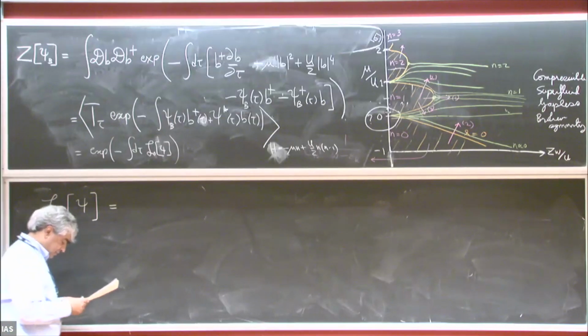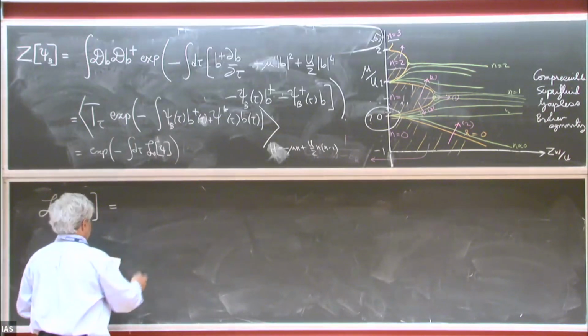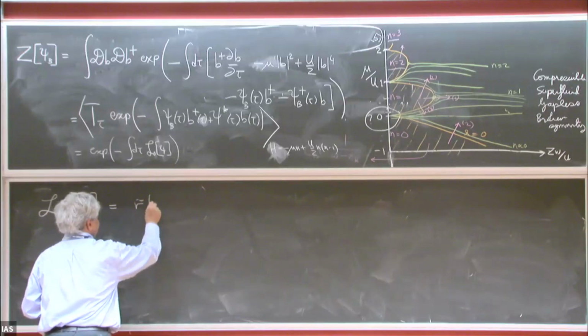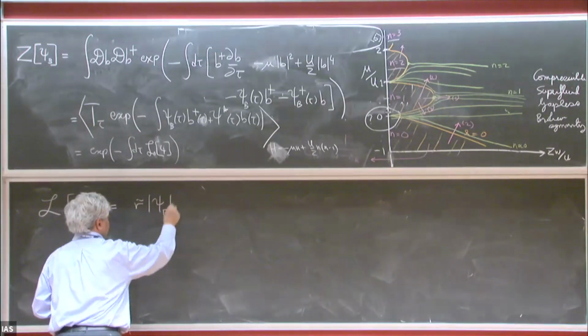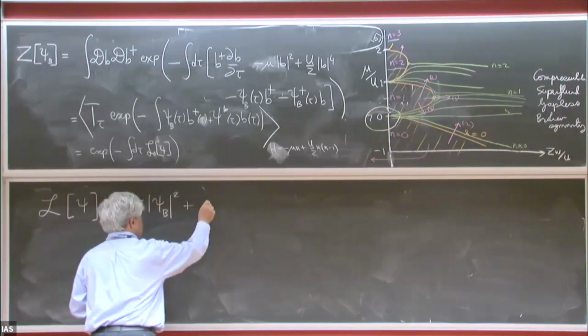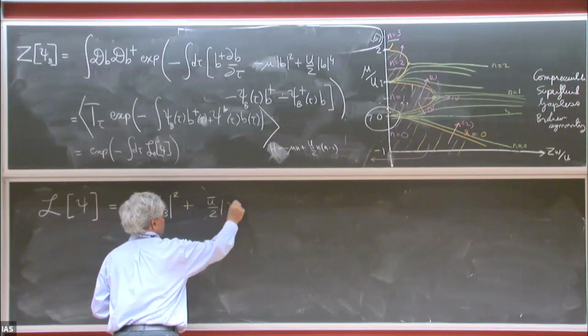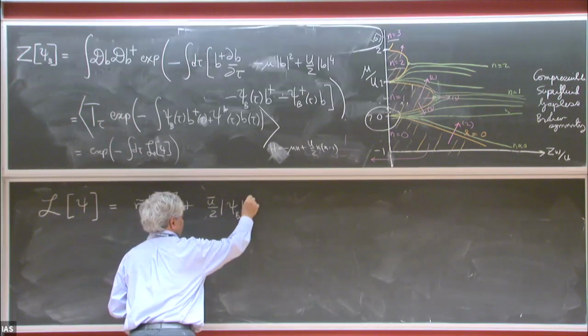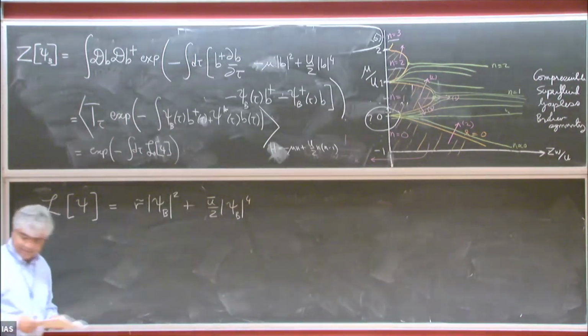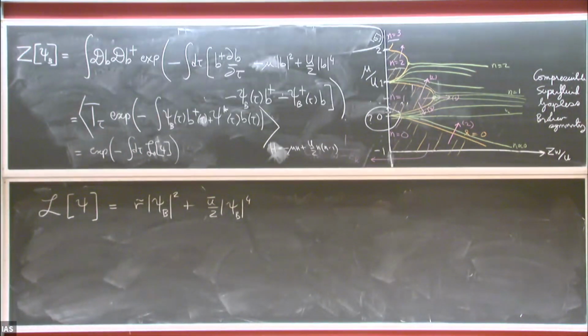The constant terms turn out to be R tilde psi b squared plus u tilde over 2 psi b to the 4th. This is a different u. It's important to get this R tilde right. It's very closely related to the R I had before.